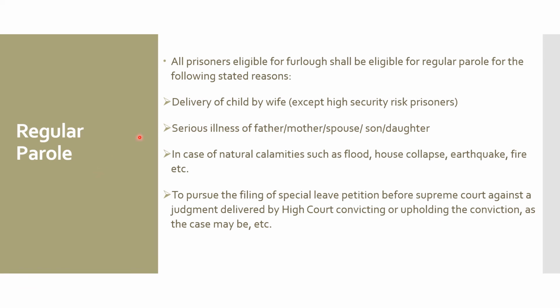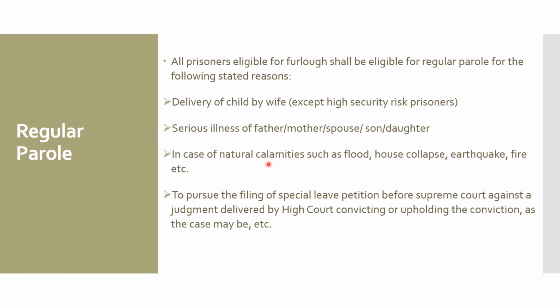And that is, all prisoners eligible for furlough shall be eligible for regular parole for the following reasons. Delivery of a child by wife, except high security risk prisoners. Generally, they are not given this kind of parole. Serious illness of father or mother or spouse or son or daughter.